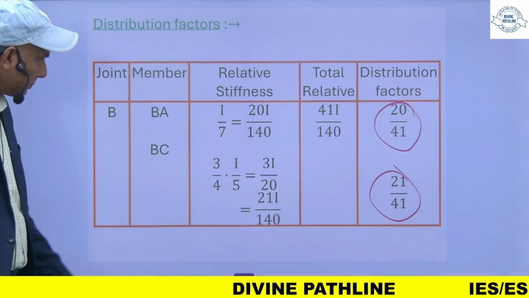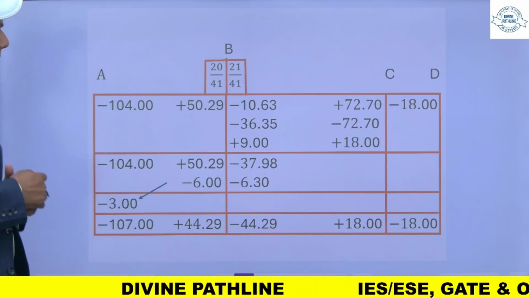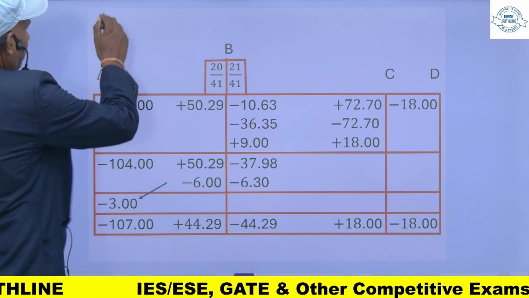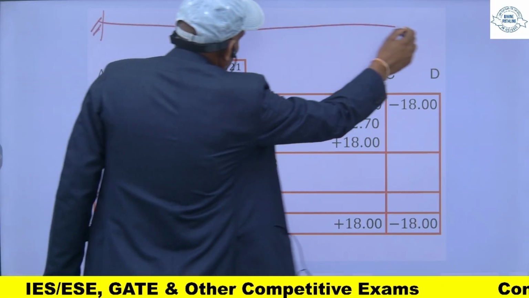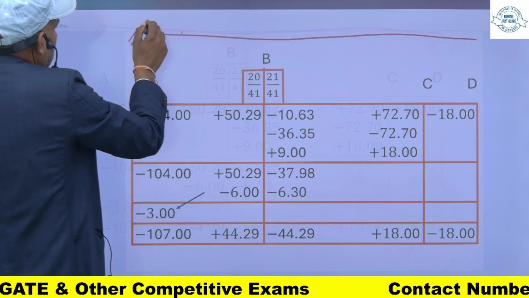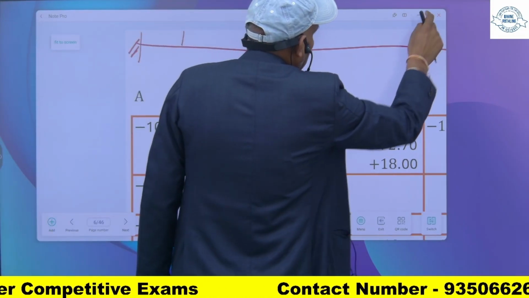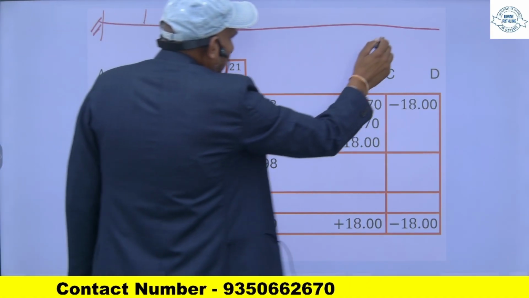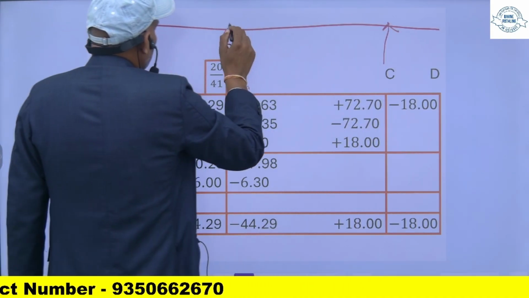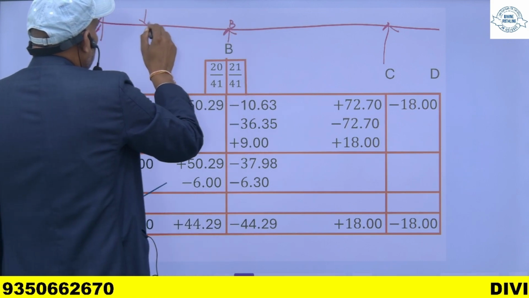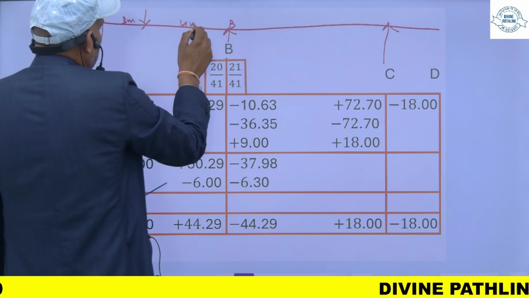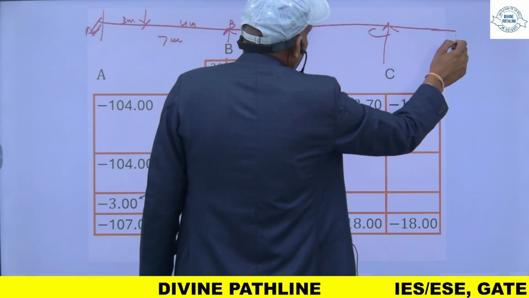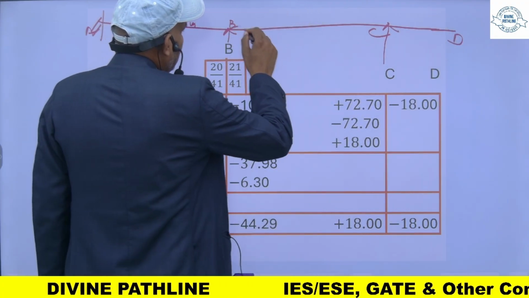Now you will make a table. This is my moment distribution table. This end is fixed. My beam is like this: this is B, 3 meter, 4 meter, this is 7 meter, A, B, C and D, and there is a UDL.